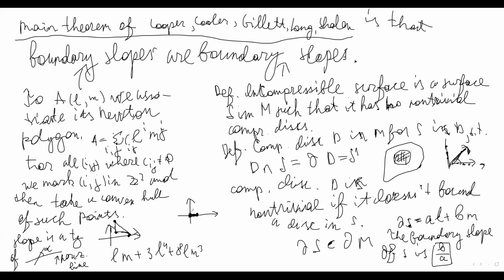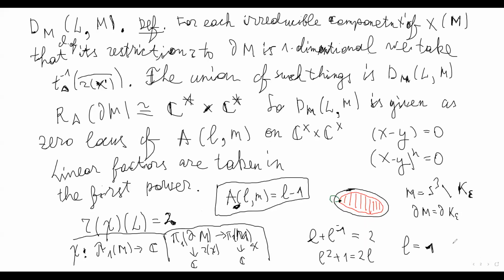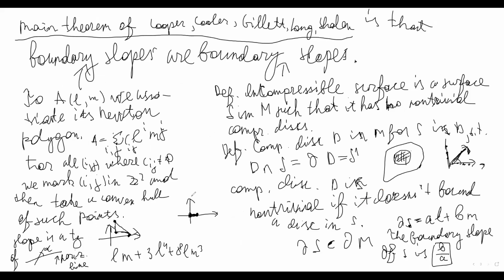Its Newton polygon consists of two vertices: (0, 0), which corresponds to 1, because 1 is L to the power 0 and M to the power 0, and (1, 0), because L to the power 1, M to the power 0, and an edge between them. Its slope is 0, angle 0, its tangent is 0.